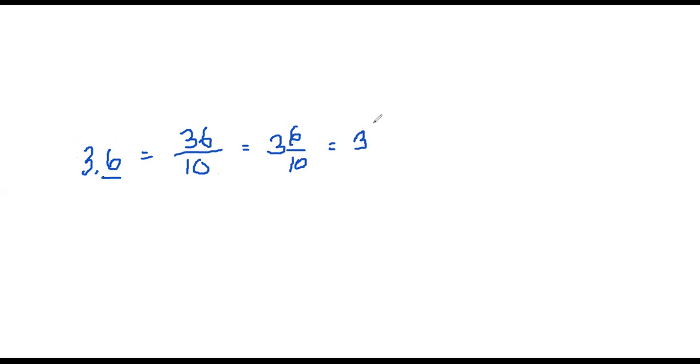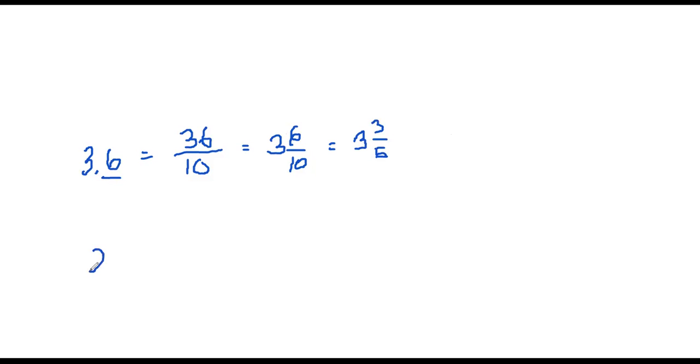Magiging 3 and 3 over 5 siya. So, sir, paano naging whole number yung 3? Divide nyo lang yung 36 sa 10. Ilang 10 meron sa 36? Tatlo. So, 3. And then, yung 6, mananatili naman, hindi naman kasi siya naging kasama sa 30. So, yung 6, mananatili siya numerator. So, magkakaroon tayo ng sagot na 3 and 6 over 10. Then, yung 6 over 10, ilo-lowest term natin, magkakaroon tayo ng 3 and 3 over 5. So, ang 3.6 is equivalent to 3 and 3/5. Okay? 3 and 3 over 5.